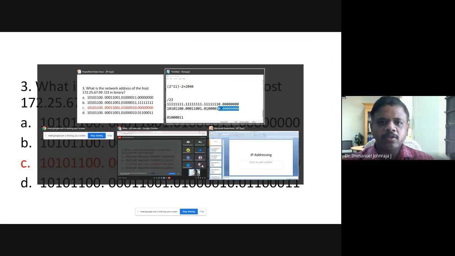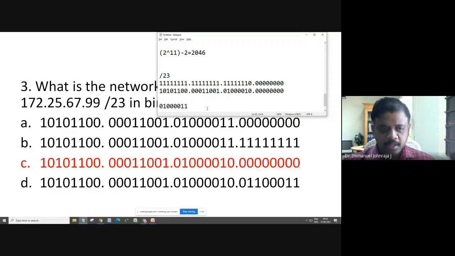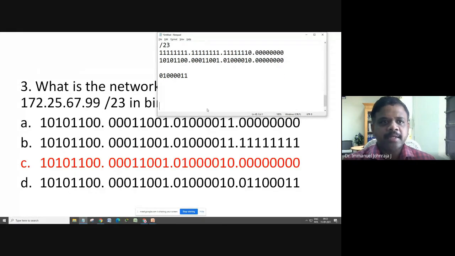If you want to make it very simple, just write down the binary equivalent of 172. The binary equivalent of 172 is already given: 10101100.